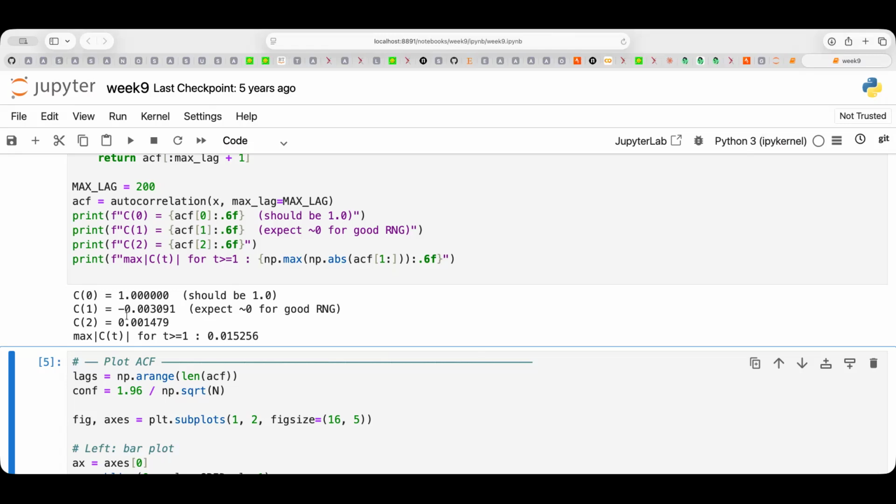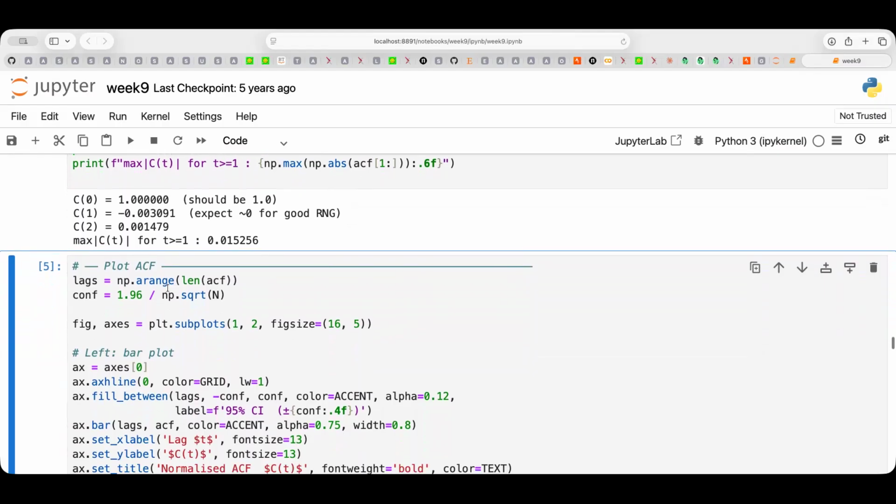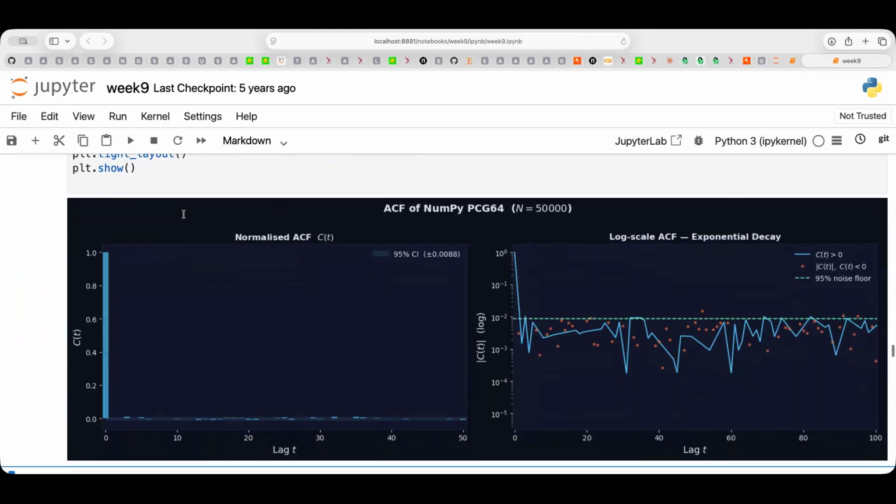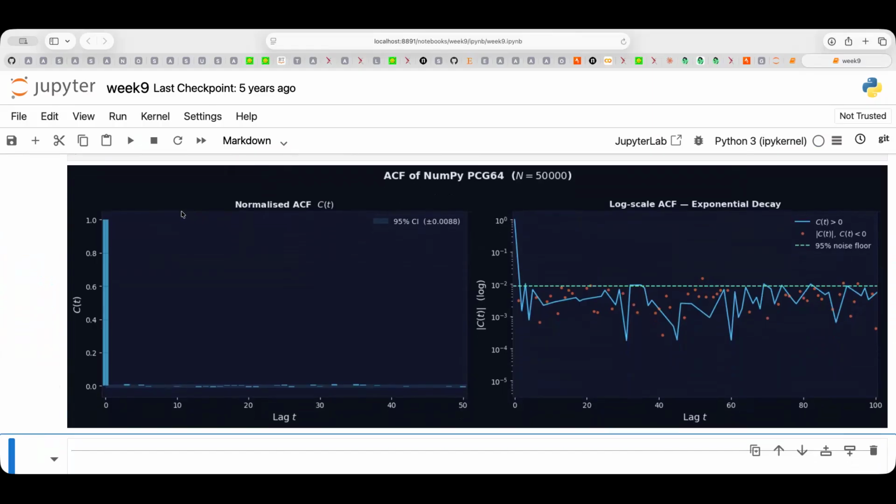And you see now that they're actually getting smaller if you take the absolute value. And then after some time, they just disappear. So if you plot the autocorrelation function, you will see something like this. So you have 1 here, and then you will see these very, very small values here. And if you plot this on a log scale, you will see now that it's getting smaller and smaller, but it is not exactly equal to 0.